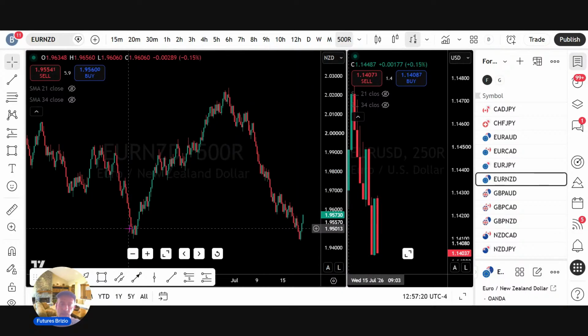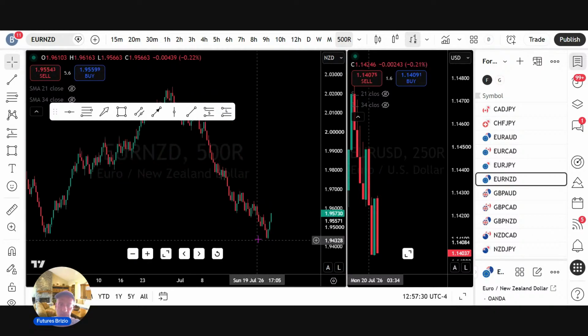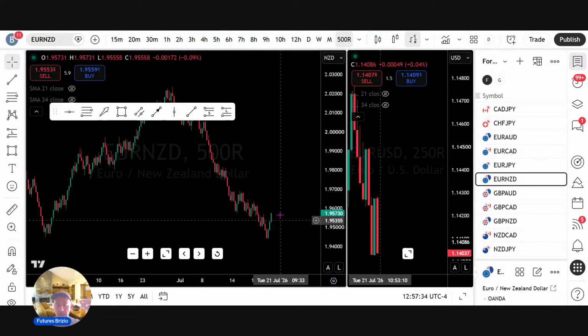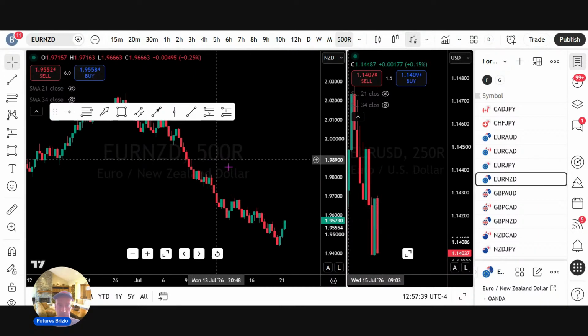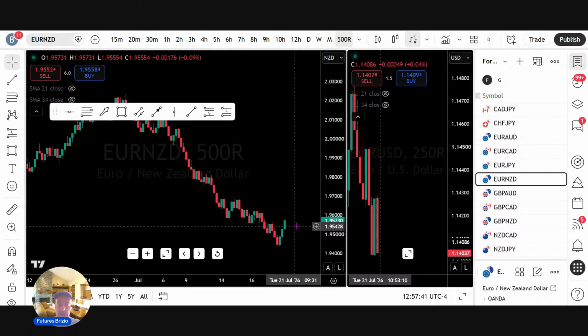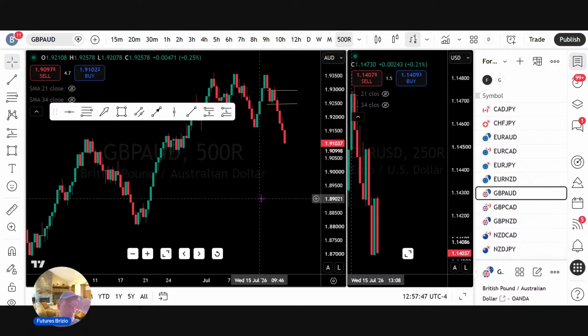We came back to this old low way back here that was set at the end of May, so almost 2 months ago. We put these lows in, and then price has come all the way back and is reacting. Now, I'm not ready to take a long here. This looks pretty bullish, but I'd like to see a little consolidation, a pullback, and then see it try to continue. So it's on my watch list. Nothing really to do with it now.